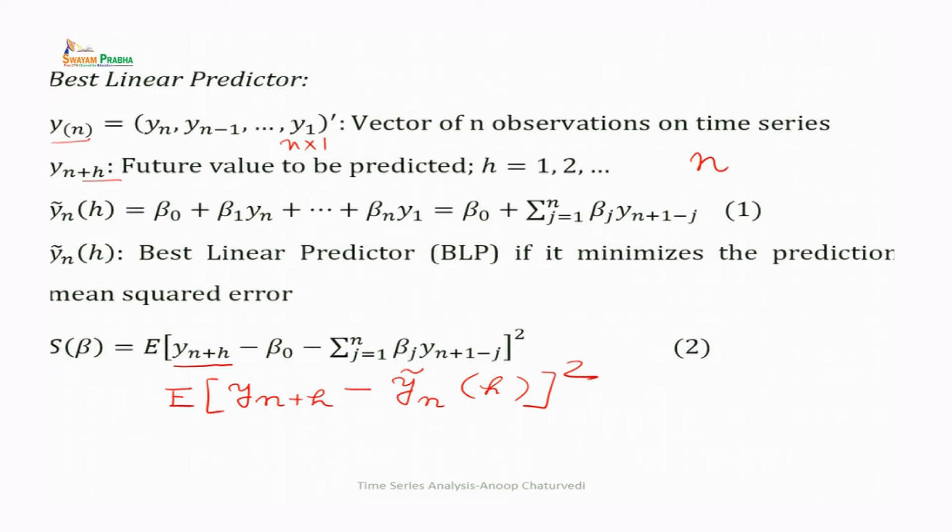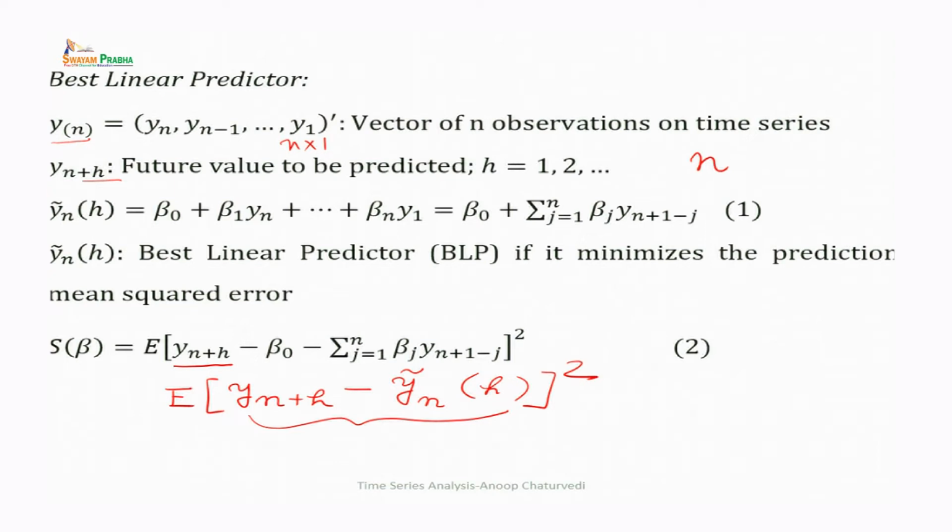So, for obtaining the best linear predictor, we are using the criterion prediction mean squared error. This is the prediction error, and then you take the expectation of the square of this prediction error.